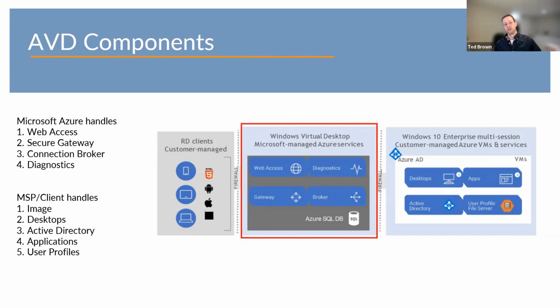That leaves the MSP or the client to handle, again, the image, making sure that the system is delivered to the person appropriately. On this image will live people's applications or anything along those lines, as well as the desktop it's running on. That's the infrastructure, the underlying server that has the image to deliver the applications.